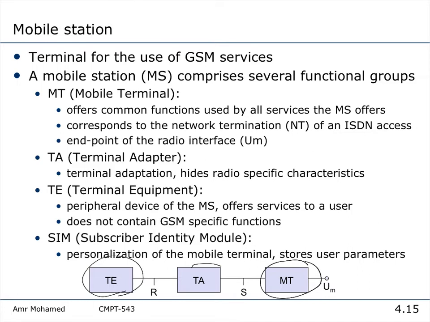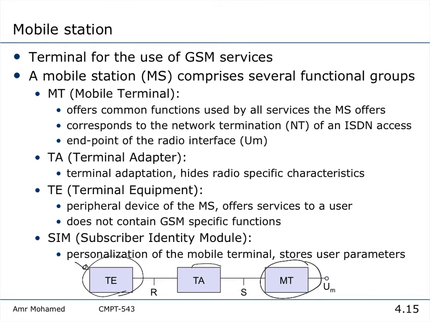As we have mentioned before, the mobile terminal here performs all the radio related functionality up to the network layer, whereas the terminal equipment performs the application level services. Application level services, like for example, sending an SMS, group fax, things like that. So these are the application level services.